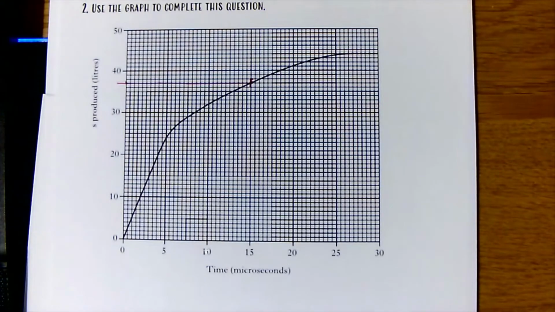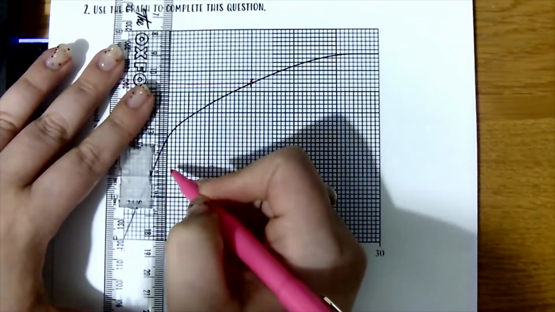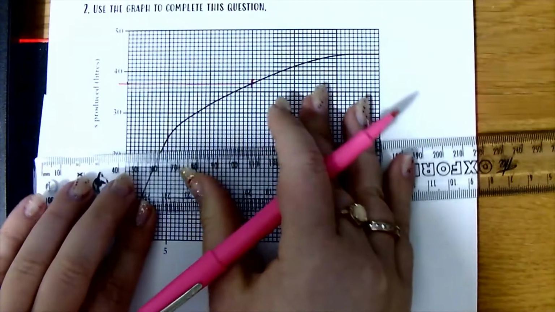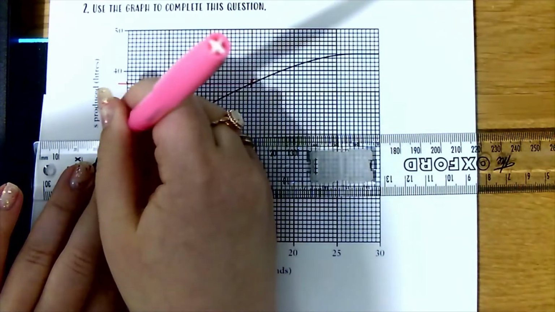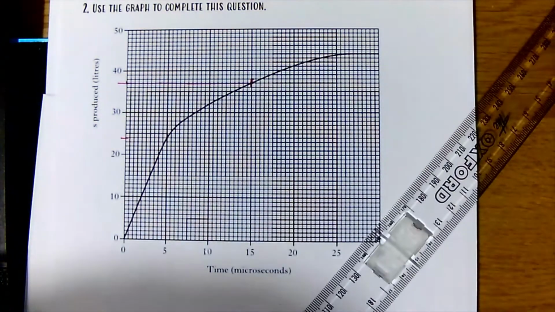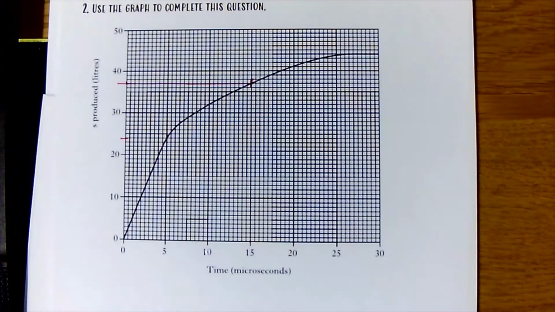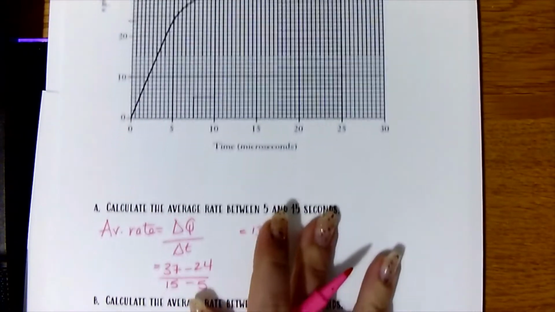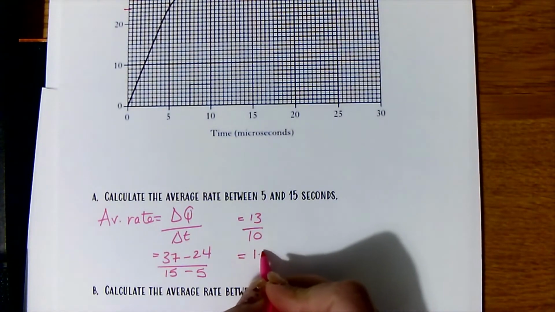And then you do the exact same for your value at 5. And that value is 24. So then it's 37 minus 24 is 13. 15 minus 5 is 10. So your answer is 1.3.